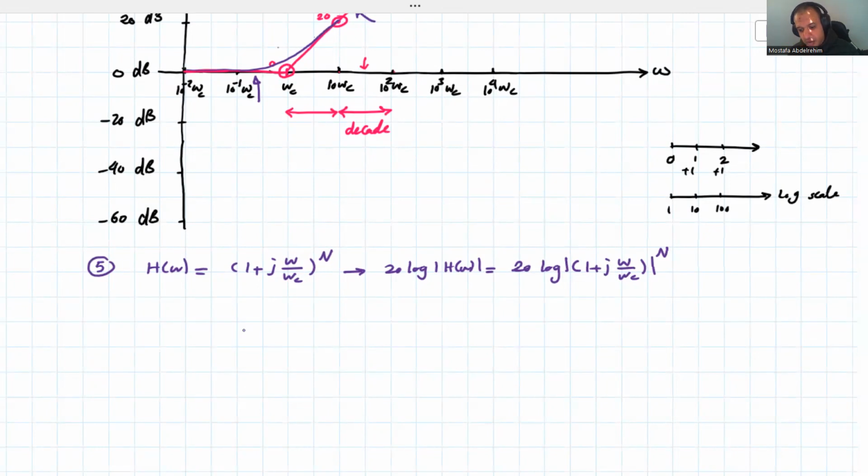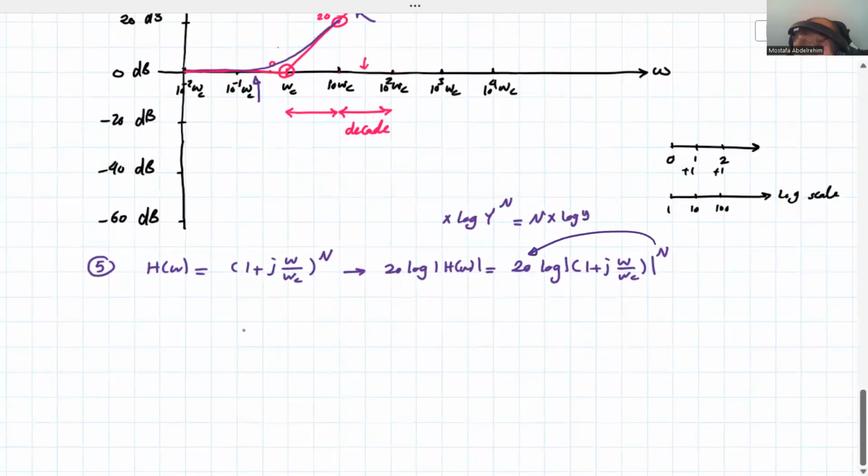What's going to happen? You know that log y to the power of n equals n log y. That's what we're going to do. We're going to multiply the 20 by the n. It will be 20n log of 1 plus j omega divided by omega c.